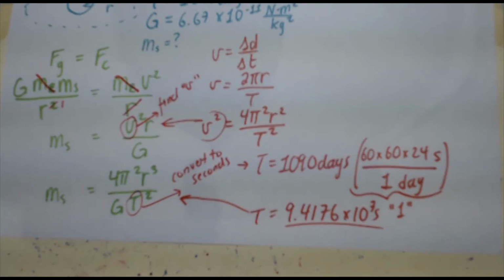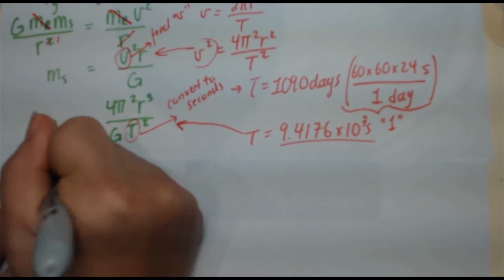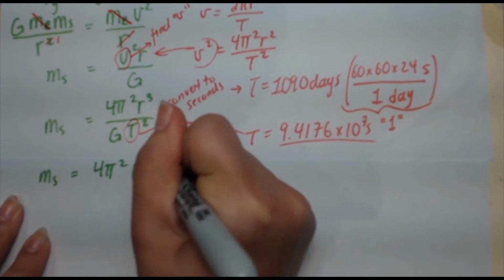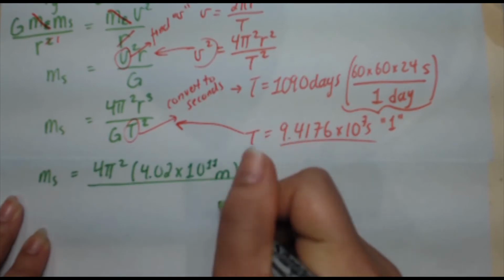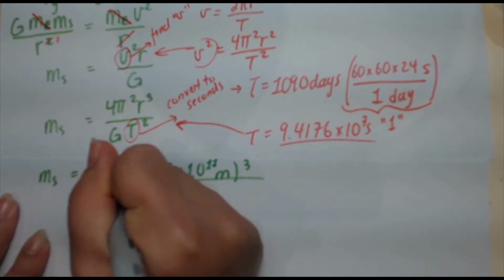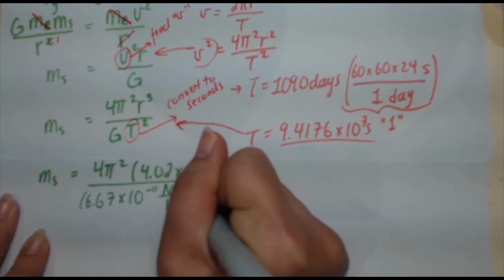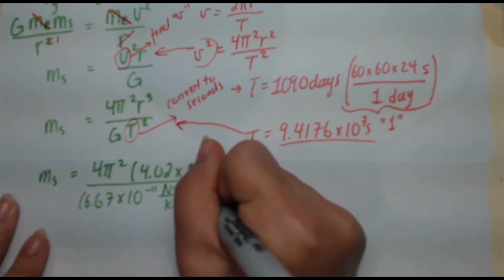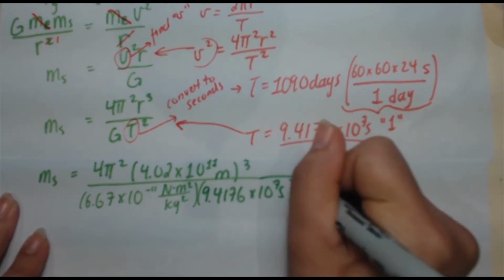Moving on, we're going to start plugging in our values. ms is equal to 4 pi squared times r cubed, where r is 4.02 times 10 to the 11 meters cubed, divided by 6.67 times 10 to the minus 11 newton meters squared per kilogram squared, times the time we just found, but make sure you square it in the formula: 9.4176 times 10 to the 7 seconds squared.